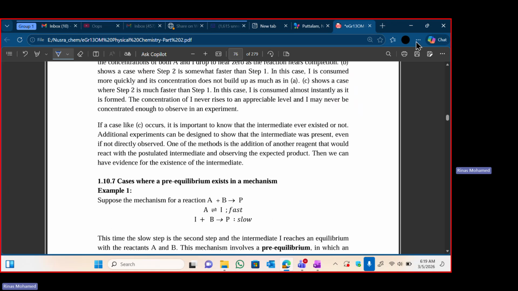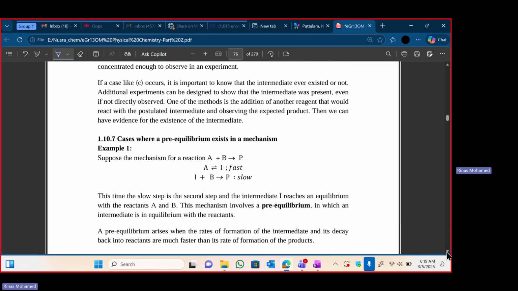Now, today we are going to discuss cases where a pre-equilibrium exists in a mechanism, right? If the reaction has a reaction mechanism, that means it has multiple steps included.